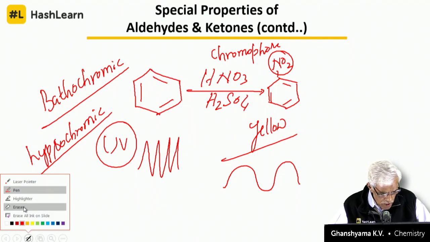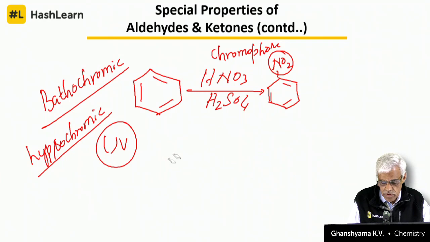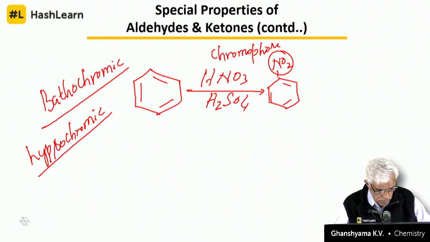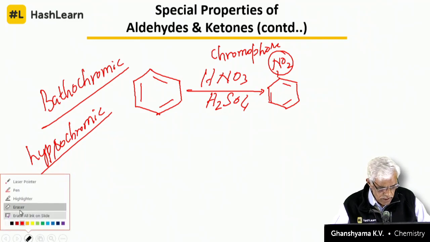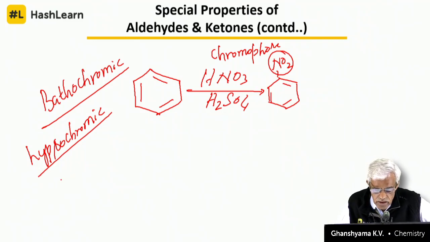So, if a compound contains a chromophore, then it is a colored compound, but it need not be a dye. Nitrobenzene is yellow.